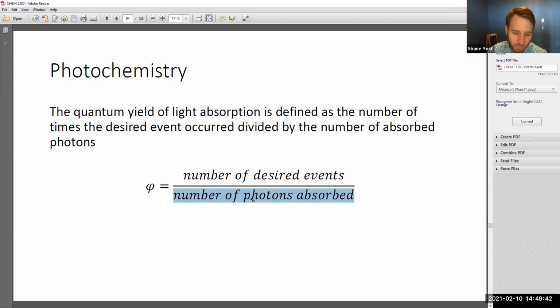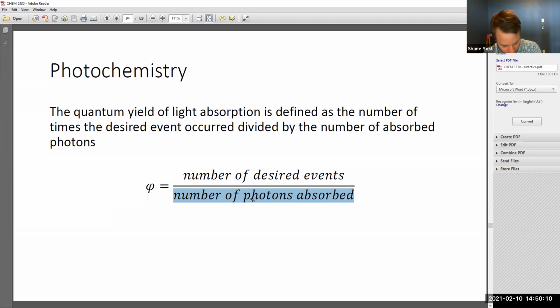How many of those are absorbed? If I absorb 100 photons, I've created 100 excited molecules. So that's my reactants. And then the desired event could be fluorescence, intersystem crossing, or internal conversion. I would need to count that in some way to determine how many times my desired event occurred over how many reactants I had.